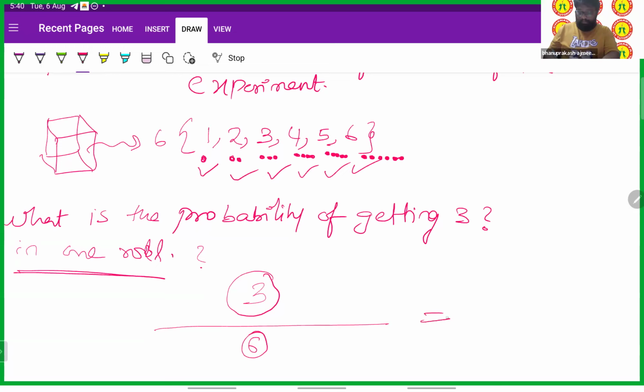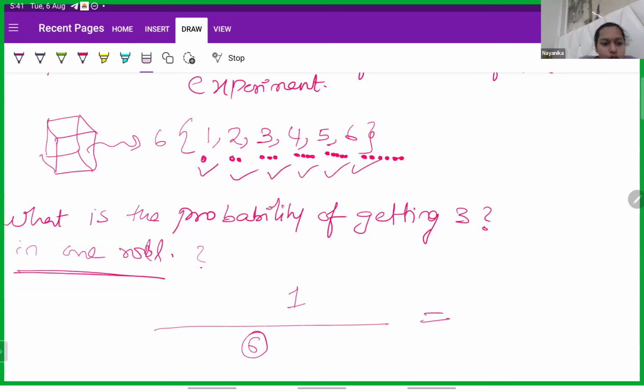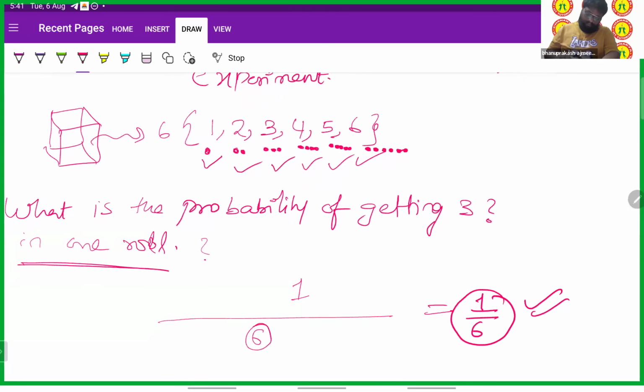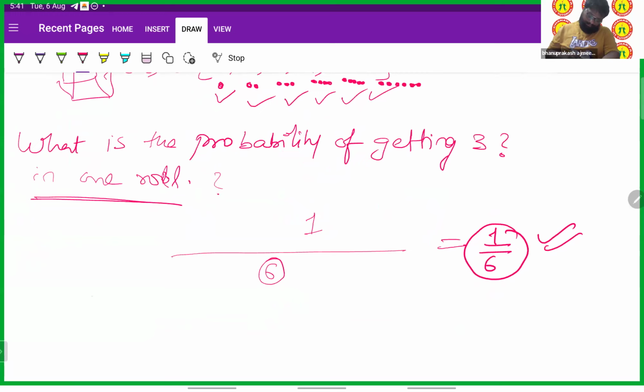So here only one. Getting 3 is one chance. So the answer is 1 by 6. The probability of the event of getting 3 is 1 by 6.